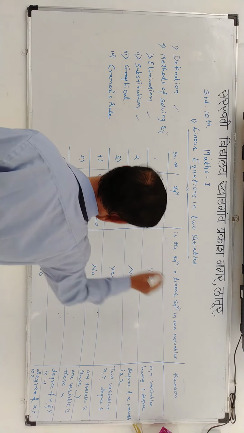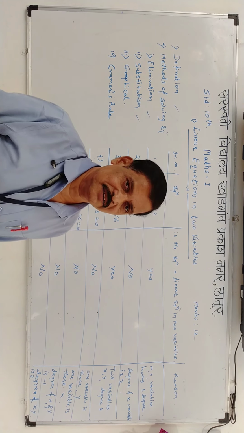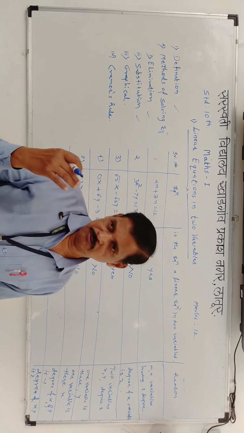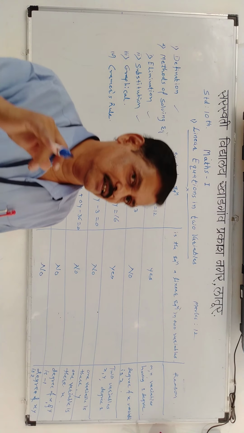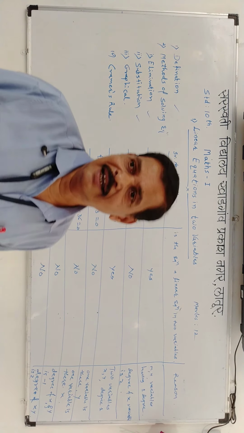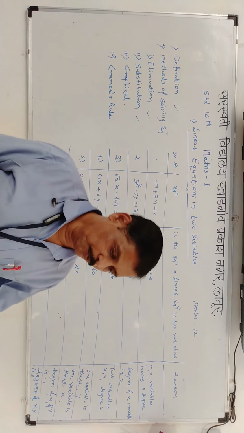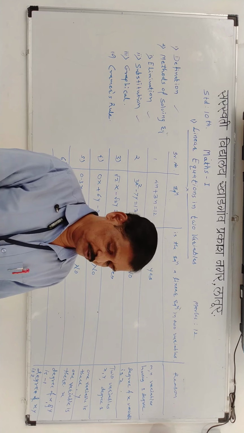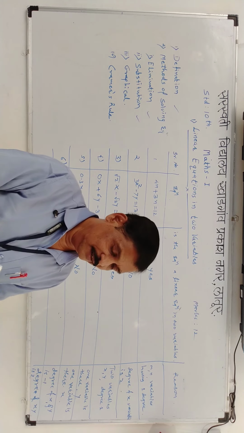This chapter is very important. Out of the 40 marks, 12 marks are asked in this chapter. So linear equations are very important, and therefore we have to see the methods of solving linear equations.